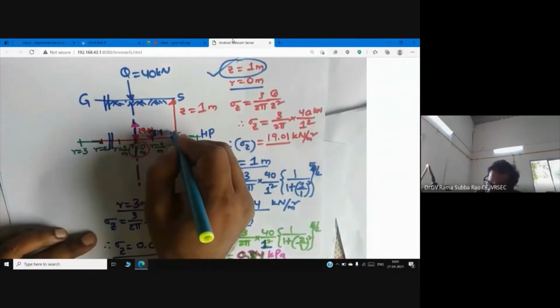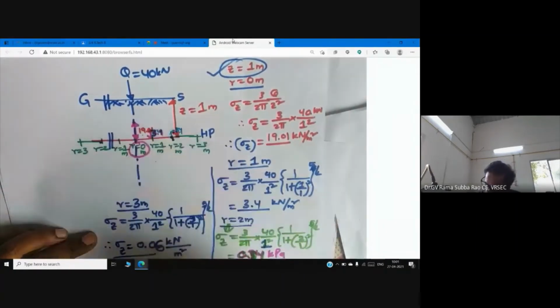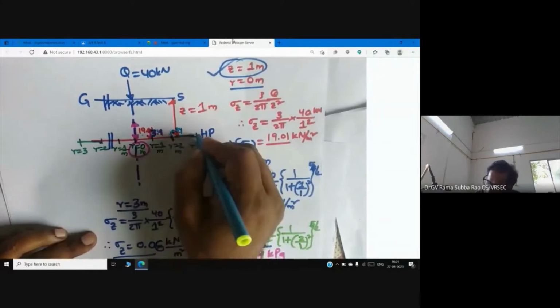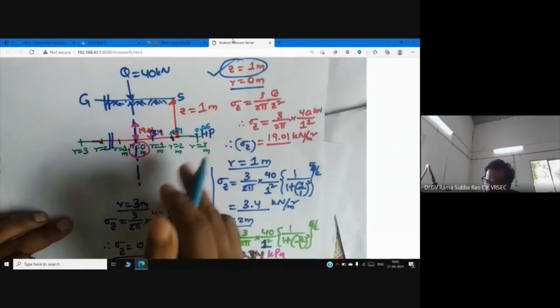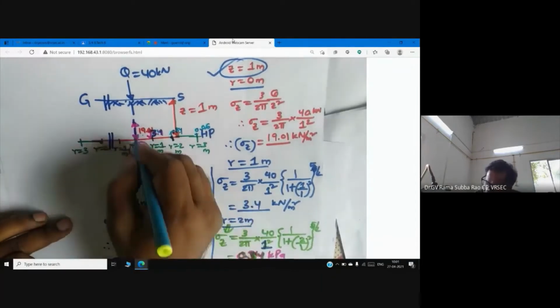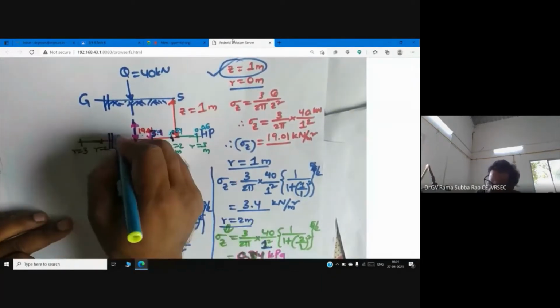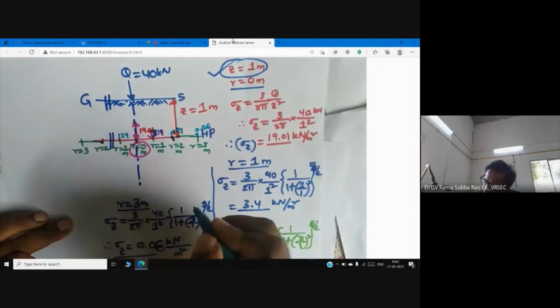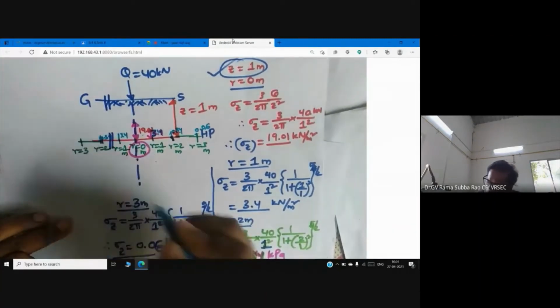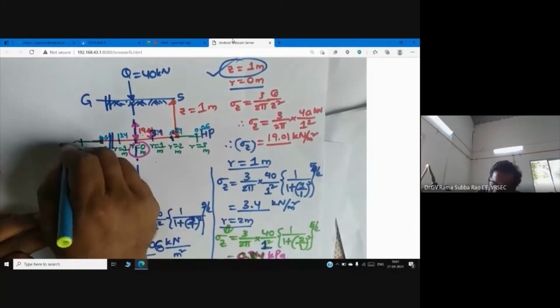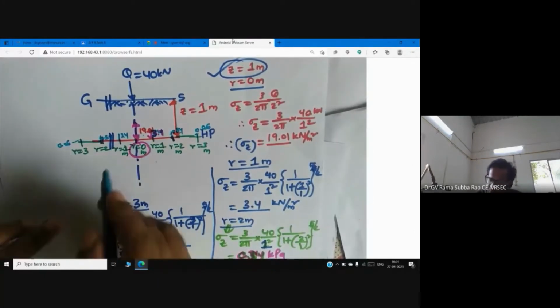The last is 0.006, which is a very tiny, small value. In the same way, I can write here also 19.01, again 3.4, followed by 0.34, and the last one is a very small value, 0.06. Now, let us all plot the diagram.